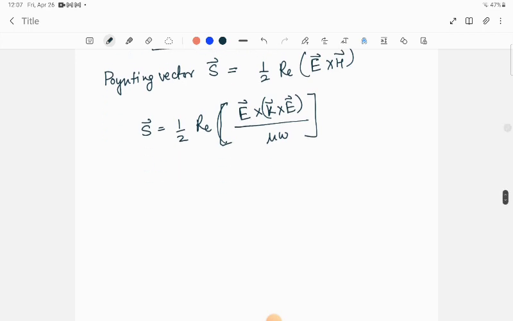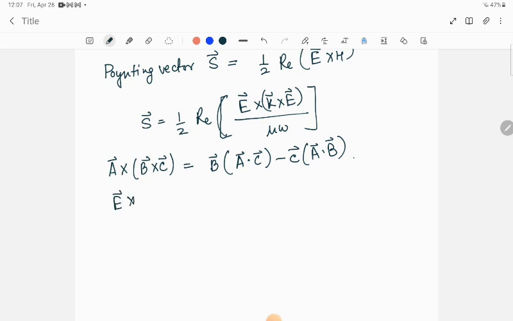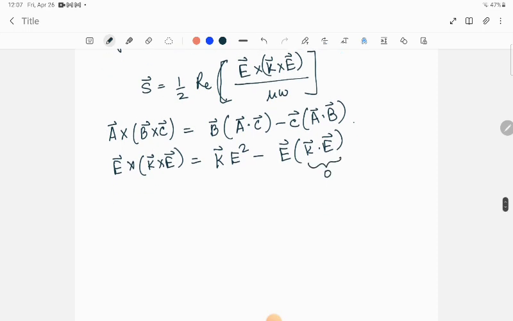We know the vector identity: A cross B cross C, if you remember from your early vector analysis courses, becomes B times A dot C minus C times A dot B. So in our case, E cross k cross E becomes k E squared minus E times k dot E. Now k dot E for a transverse wave is equal to 0, so we are left with k E squared.